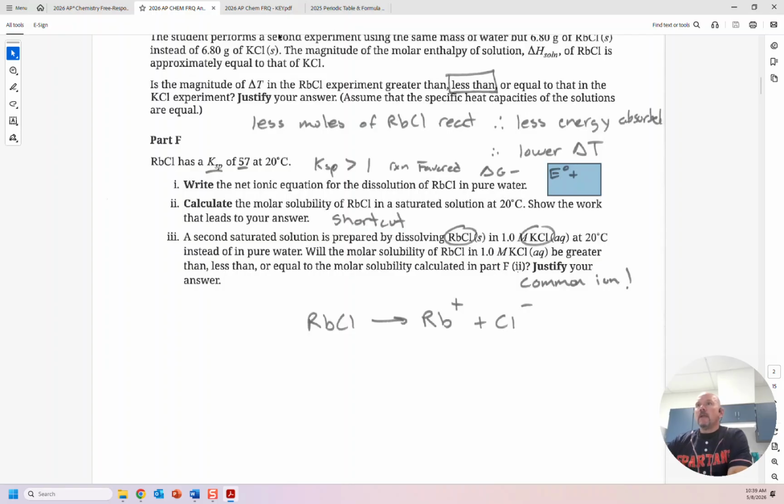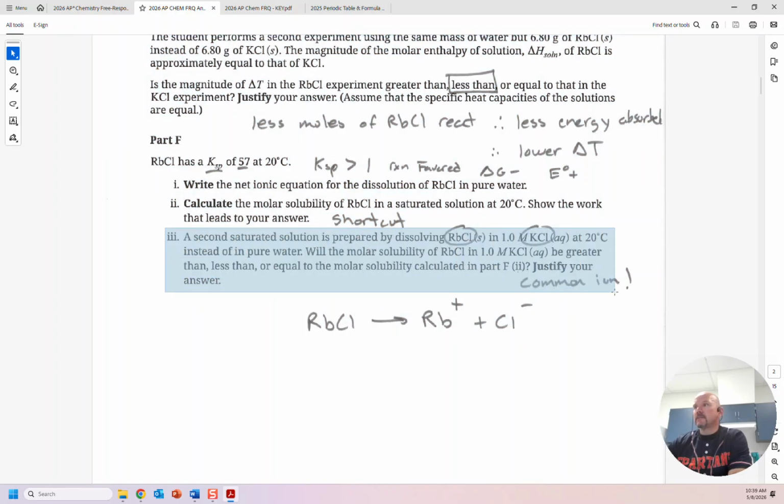Okay. Now, they ask us the molar solubility. So this would be awesome if you review your KSP shortcuts, because this is a good time to do the shortcut so I don't have to make an ICE chart, but making the ICE chart won't take that long, right? And then here, if we read part 3, it's common ion effect.